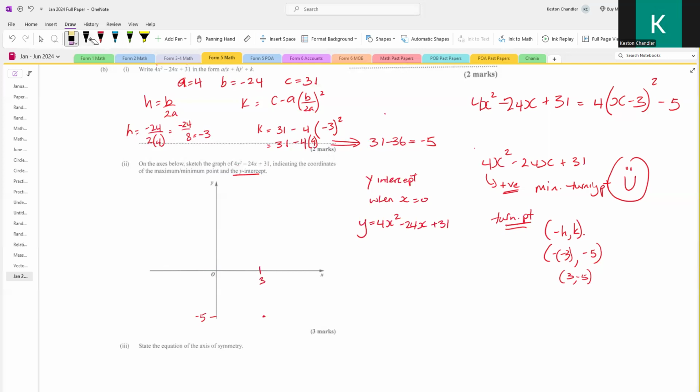So when x is 0, if I put x to be 0 inside of here, I will get 4 by 0 squared minus 24 by 0 plus 31. Agree? And anything by 0 is going to be 0. So it means that y is going to be 31 when x is 0.